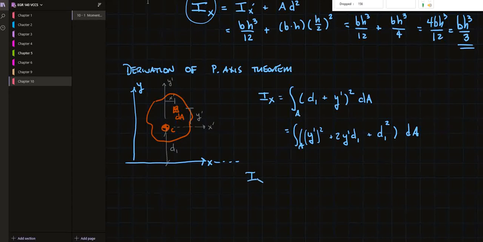So Ix equals, split these up into individual integrals, the integral of y prime squared dA plus the integral.